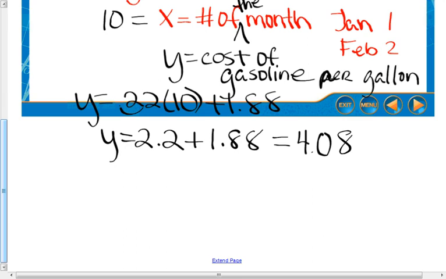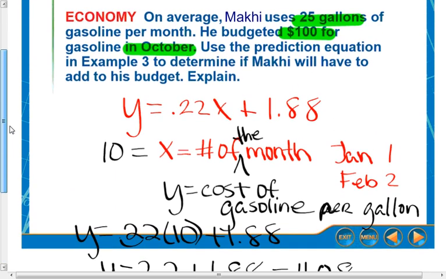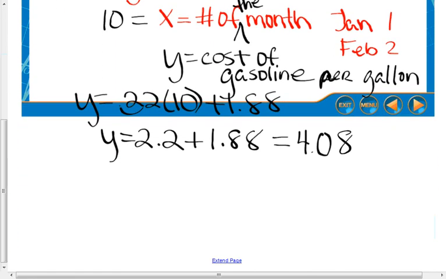Now, what they want is to know if $100 is enough for 25 gallons, right? So, if I have $4.08 per gallon, I'm going to multiply that times 25 gallons, right?